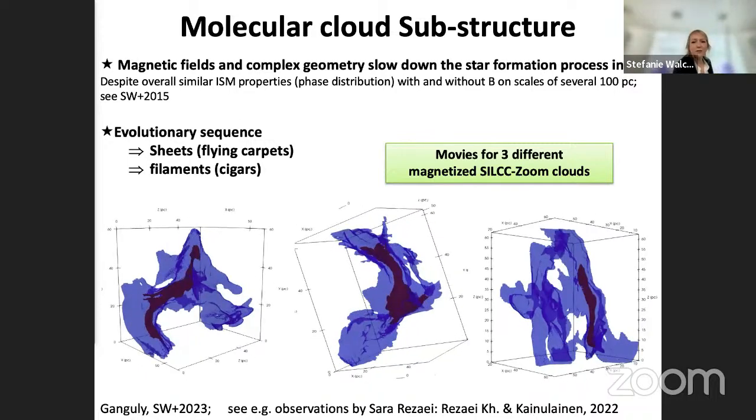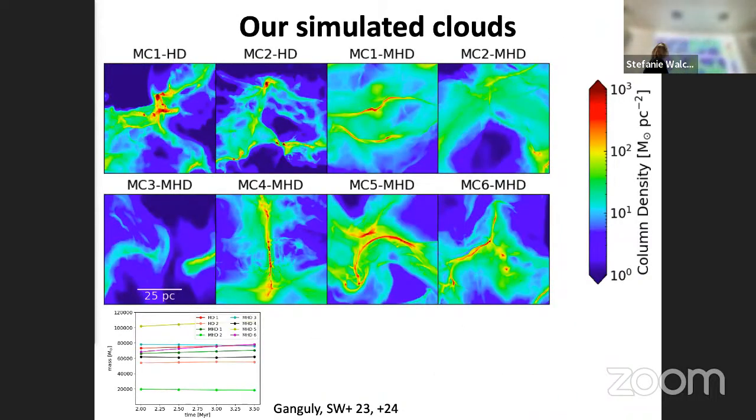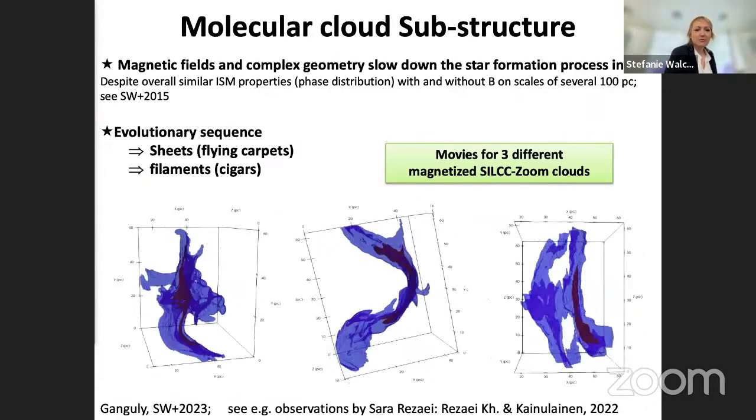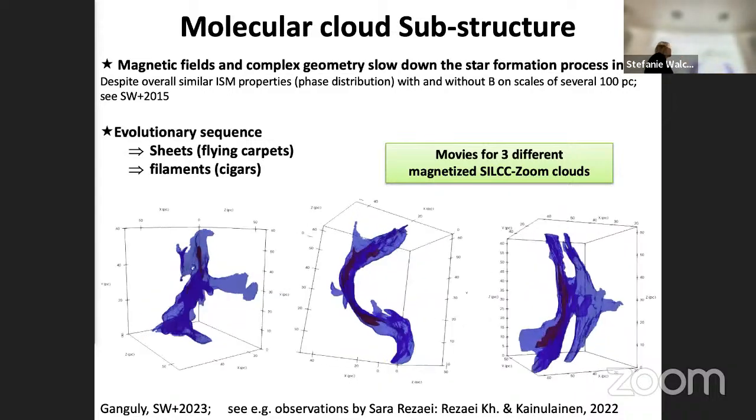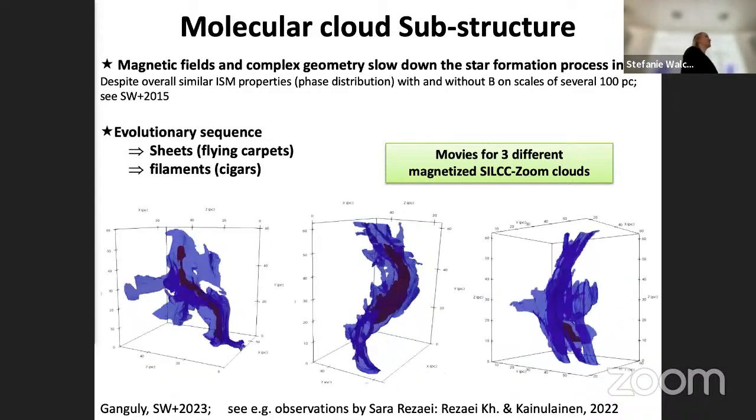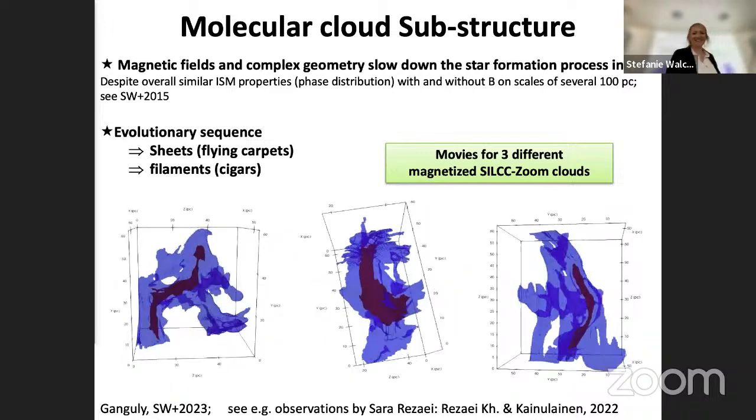When you project this, you would say, sure, there are some dense structures and there's some fluff in between, but that these are really sheet-like structures you don't see. No matter how you turn it around, it would always look similar to that. But you can only see this in 3D. So this was a nice example that you can actually do science with nice visualization as well.